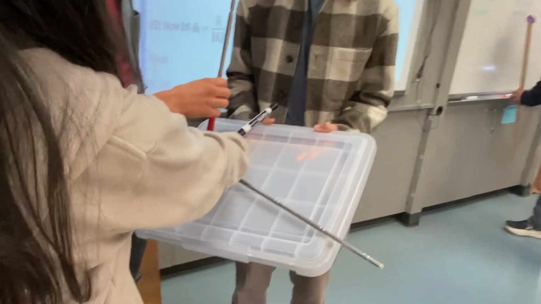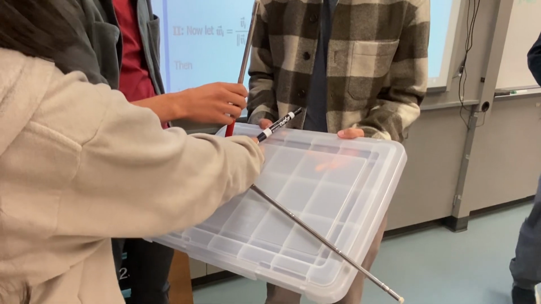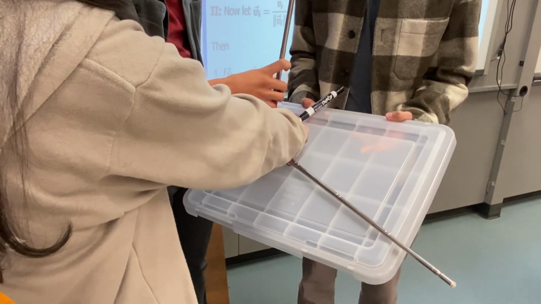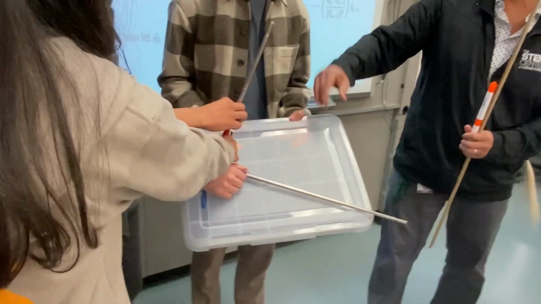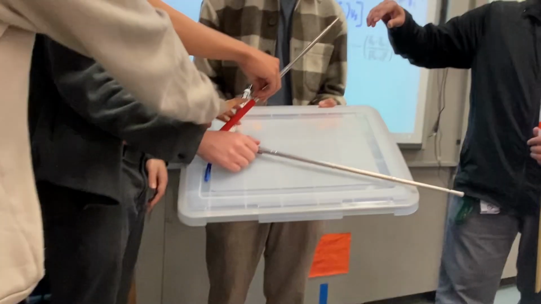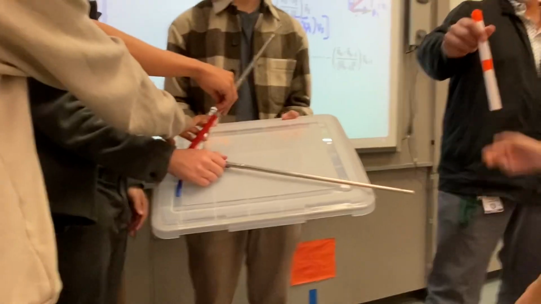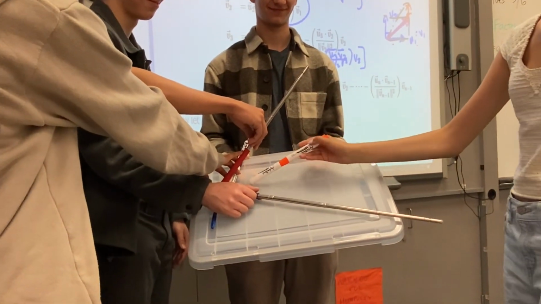Who's coming up? We want to project that vector onto the plane. So let's tilt the plane so that we can see. So we have two vectors that are perpendicular to each other so far, and now a third vector is going to get projected onto a plane. Like that.